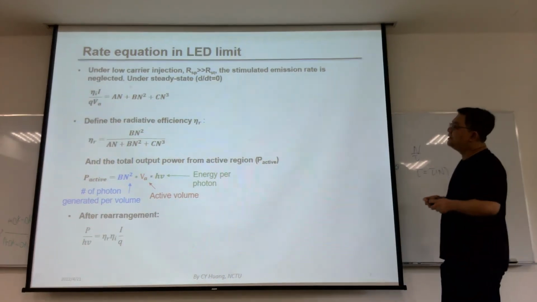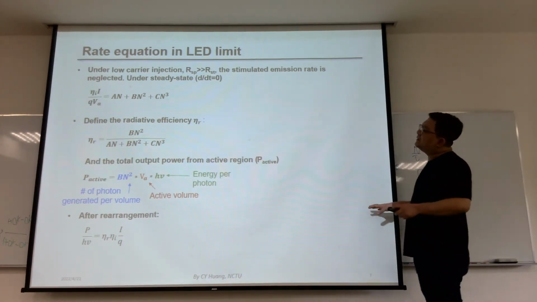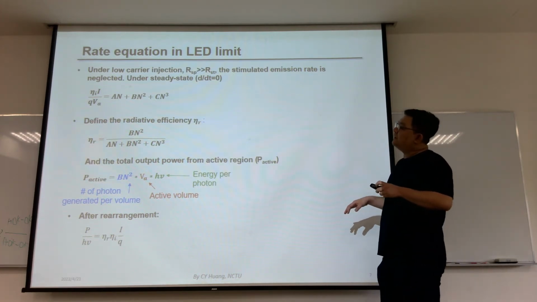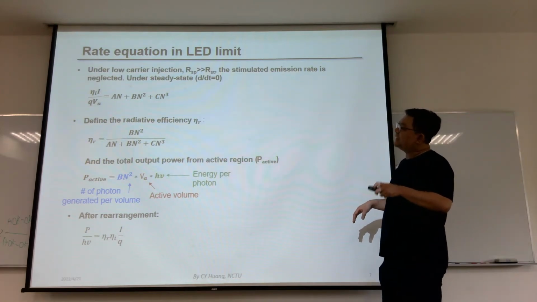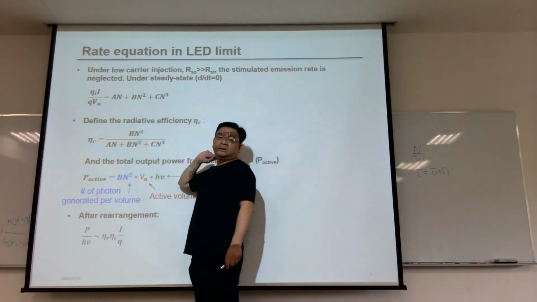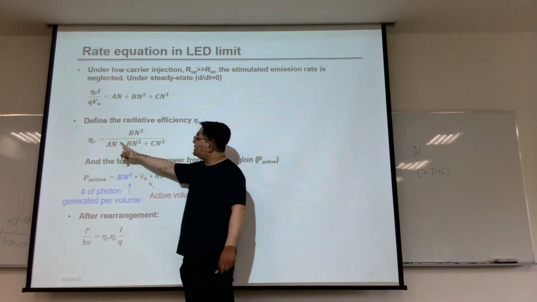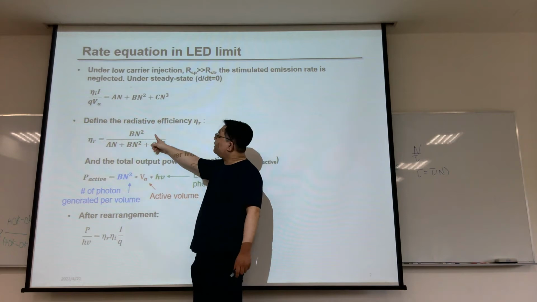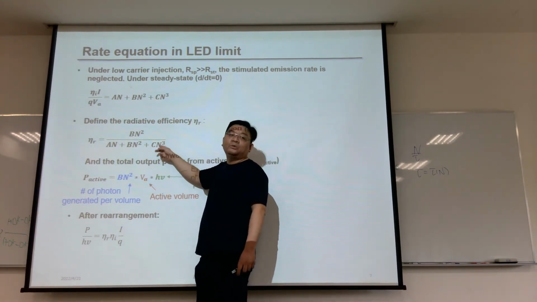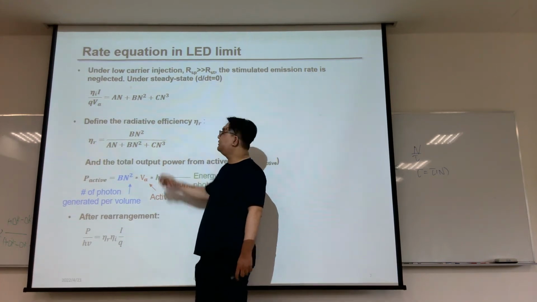Alright. There is also another way to simplify the AN plus BN squared plus CN cubed by defining the radiative efficiency. The radiative efficiency is the rate of spontaneous emission divided by the total recombination rate. So this is the radiative emission.